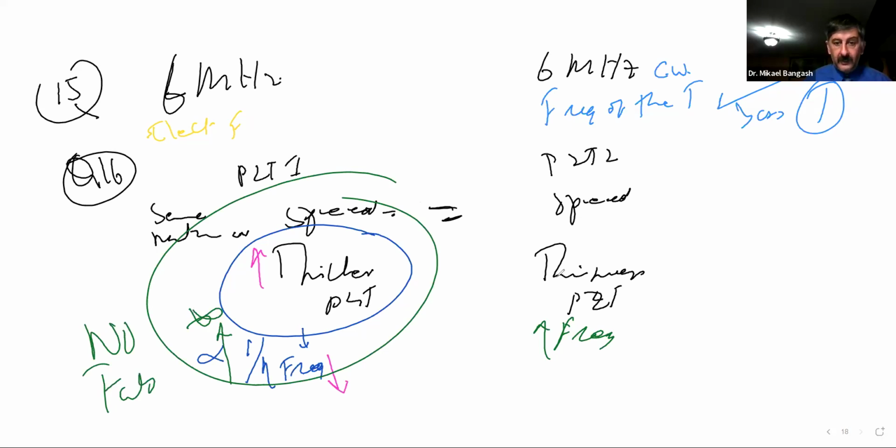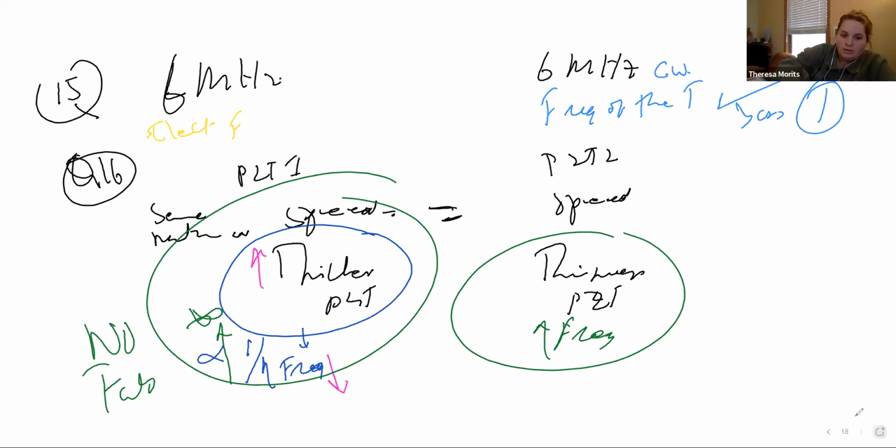And they ask about the transducer with a thinner PZT, or a PZT of lesser thickness, having a higher frequency? Yes. Right. Did that make sense? Yes. Good.